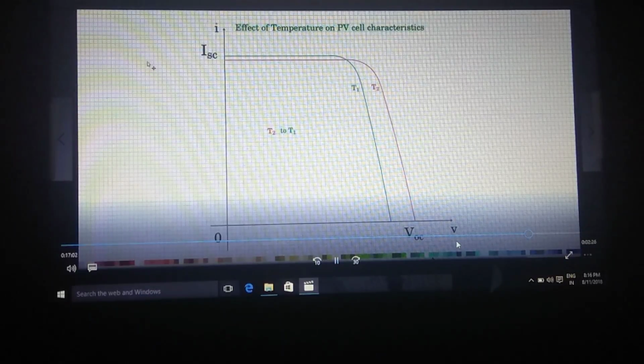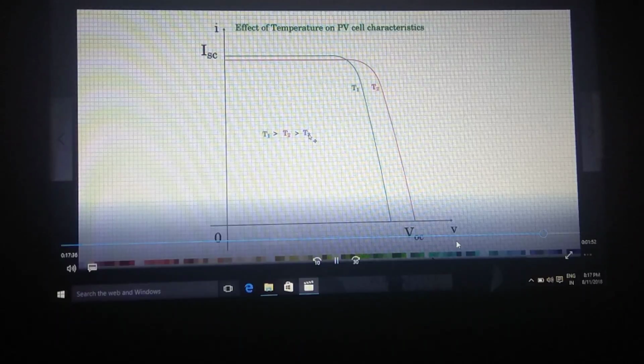Now consider the temperatures replaced with variables T1 and T2, where T2 is the lower temperature and T1 is the higher temperature. Now, how would the curve look if we have a third curve which is set at a temperature T3 such that T1 is greater than T2 is greater than T3?